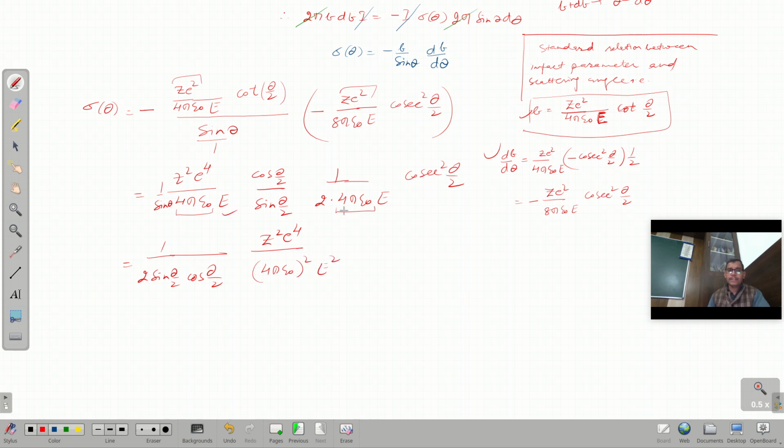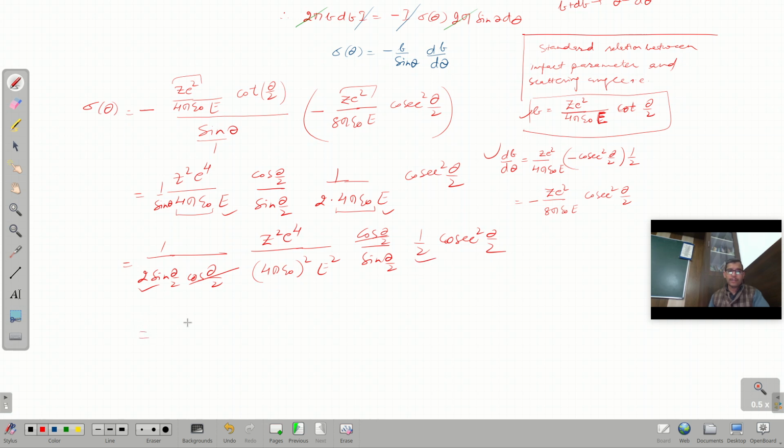This E and this E will become E square, so it is cos θ/2 over sin θ/2, and 1/2 is also sitting here, and cosecant square θ/2. So this cos θ/2 will cancel out. This 2 and this 2 will become 4.